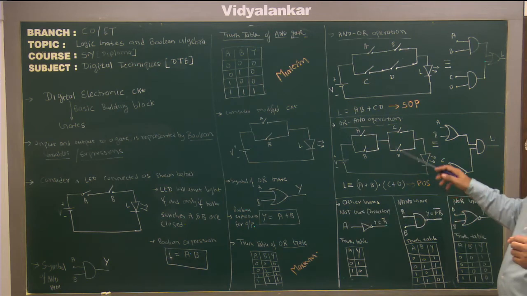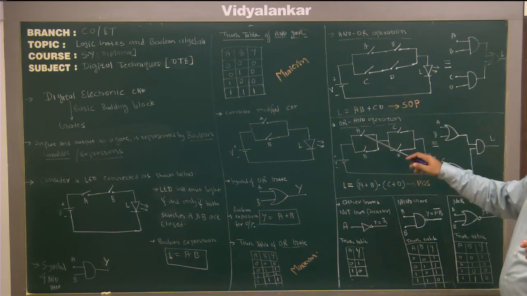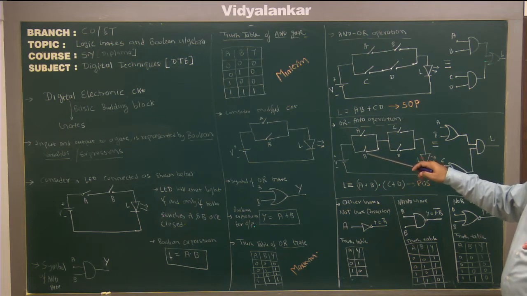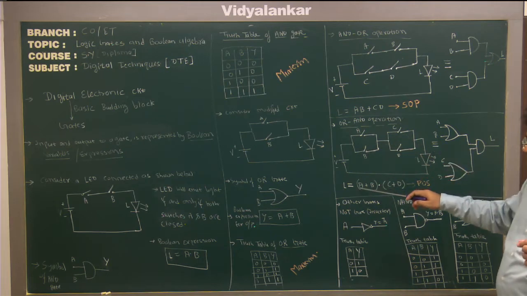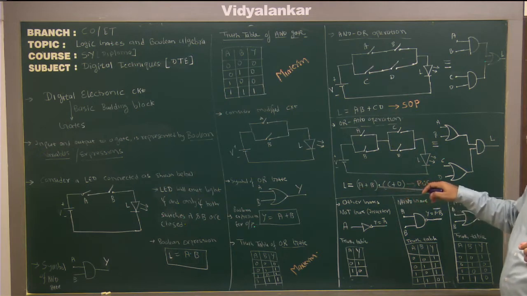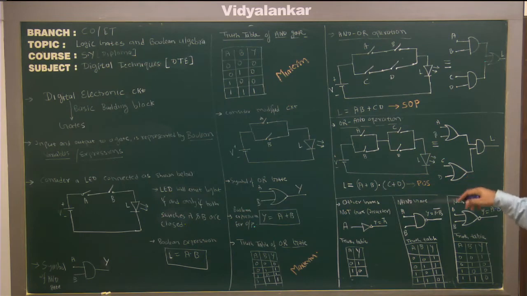And in contrast to that, you see this is A, this is B, A plus B, and then multiplication, C plus D. So this is A plus B into C plus D. So it is known as a POS, product of sums.